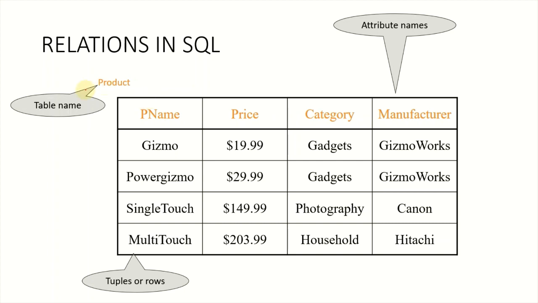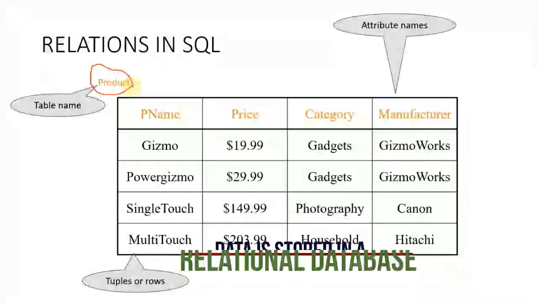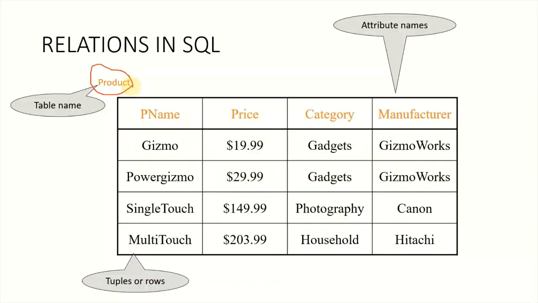Here we have a storage, we have some records in a table. This table is called a relation. So the product table is actually a relation according to this model. Then according to this model we will have some attributes. These are the attributes, or properties, of this relation.